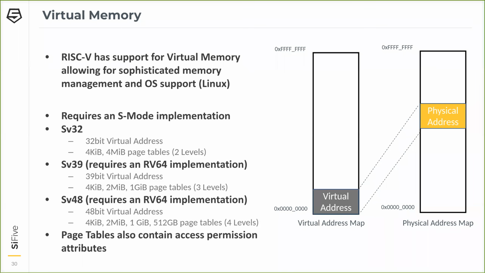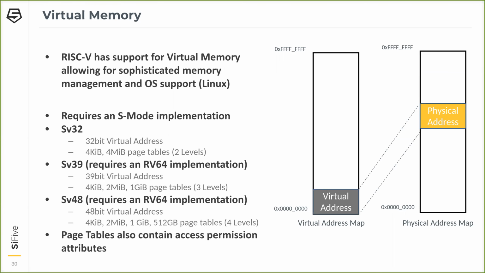So as I mentioned earlier, virtual memory requires an S-mode implementation. And for the virtual memory architecture, the RISC-V ISA defines several different versions, depending on the width of virtual address space that you need. So SV32 is a 32-bit virtual address space. SV39 gives you a 39-bit virtual address space, and this requires a 64-bit implementation.